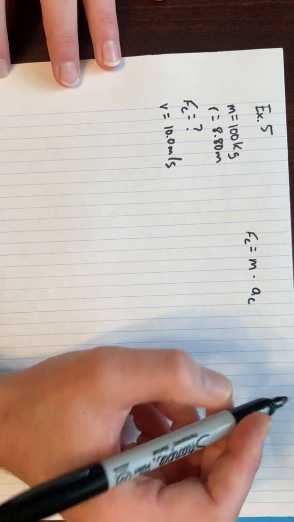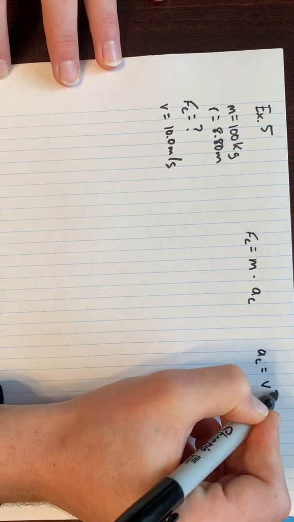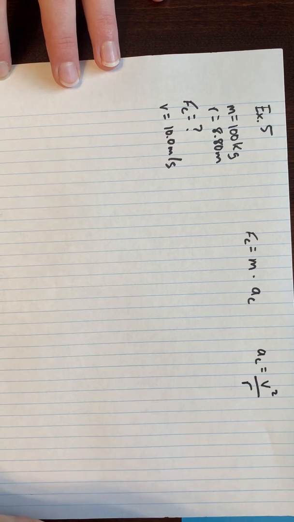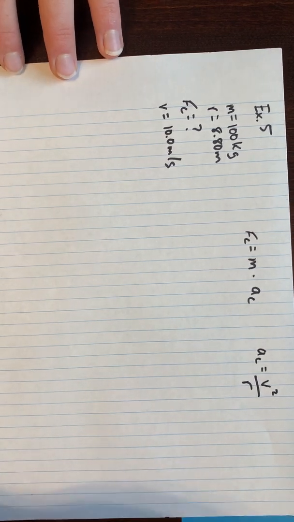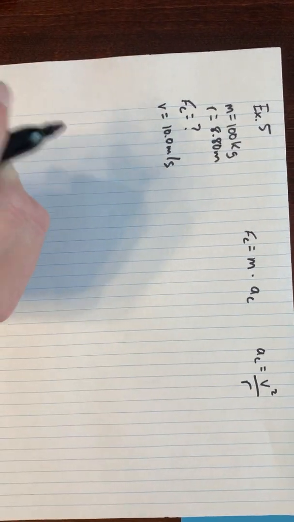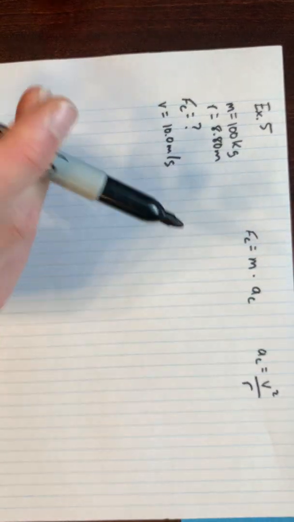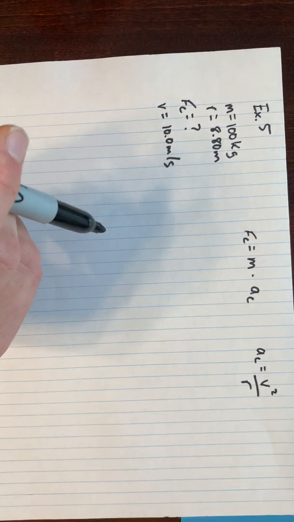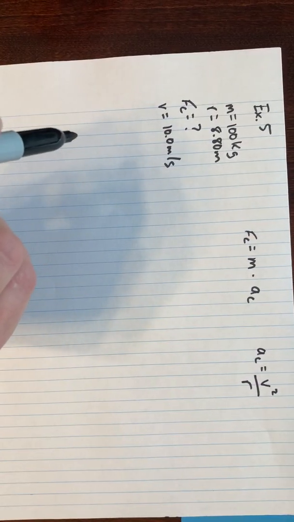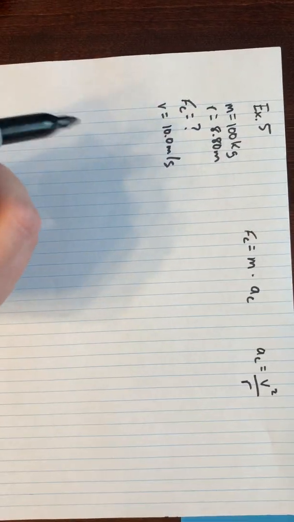And we know from our formula sheet that centripetal acceleration is equal to v squared over r. This is one of those questions where you could combine the two formulas, or you could solve for one first. You could find the centripetal acceleration first and then multiply that by the mass to find the centripetal force.